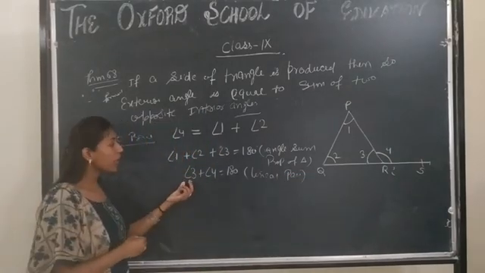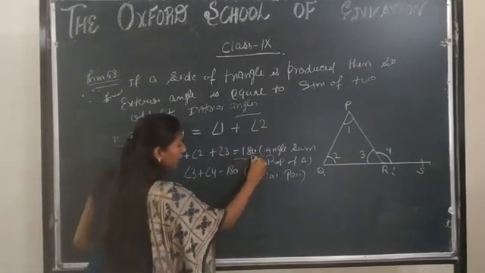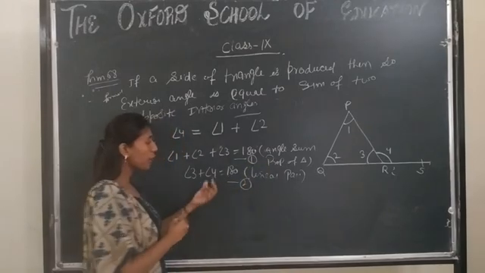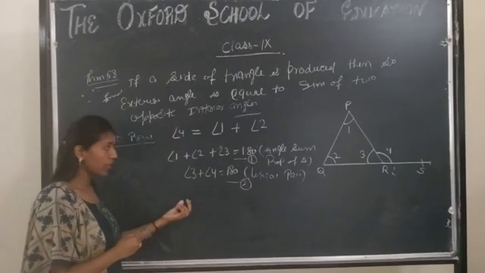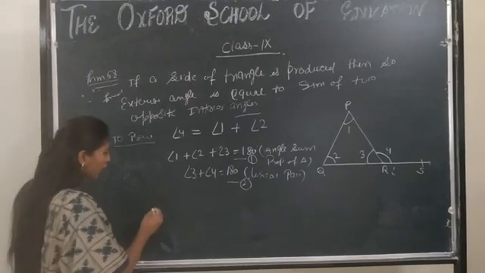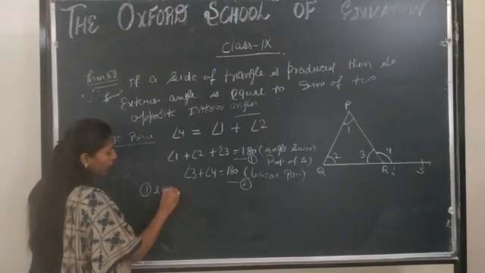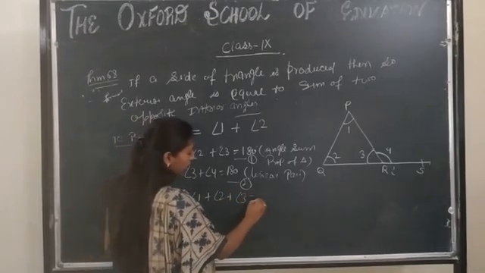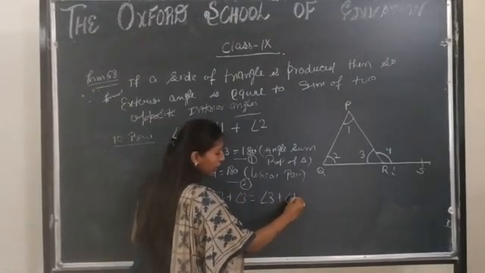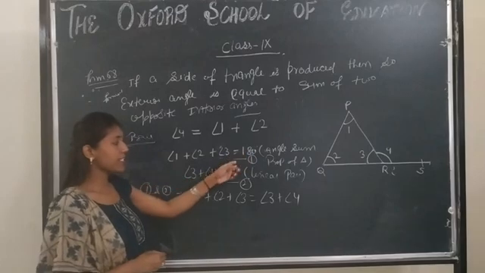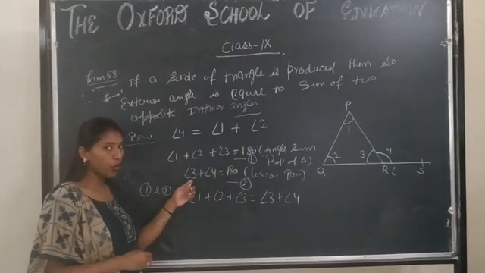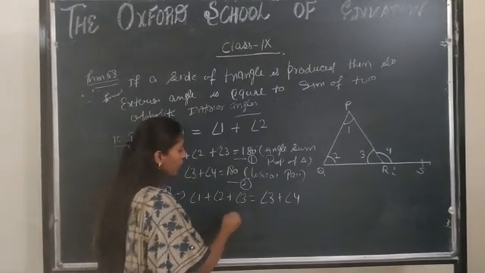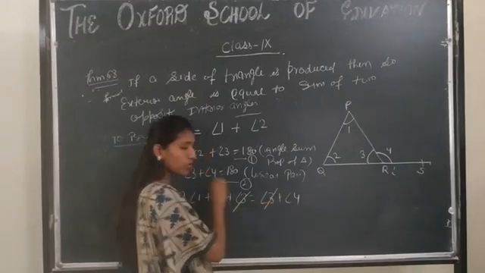Now right hand side of both equations are equal, so their left hand side will also be equal. Equations 1 and 2 imply angle 1 plus angle 2 plus angle 3 is equal to angle 3 plus angle 4, because right hand side equal, so their left hand side will also be equal. Now cancel angle 3 from both sides.